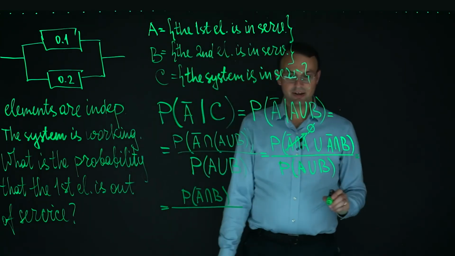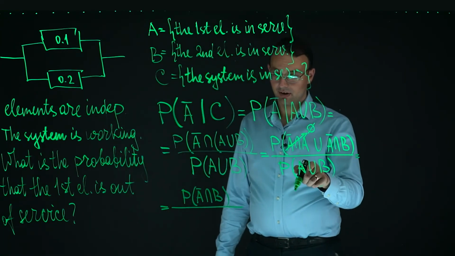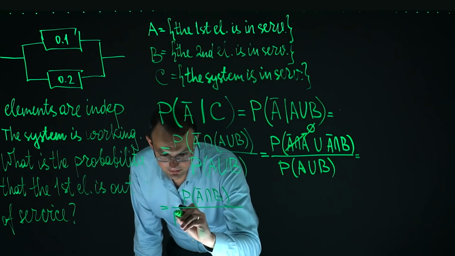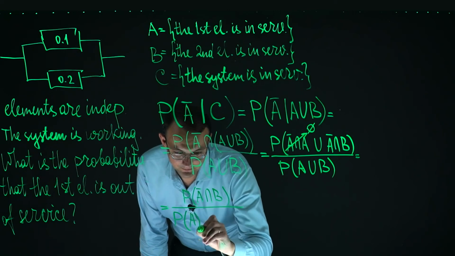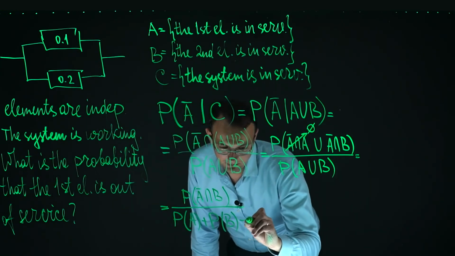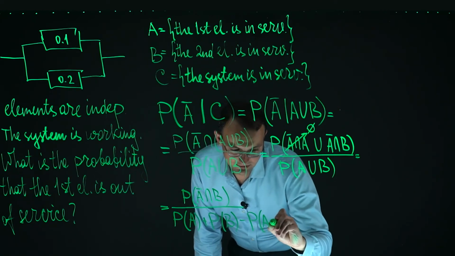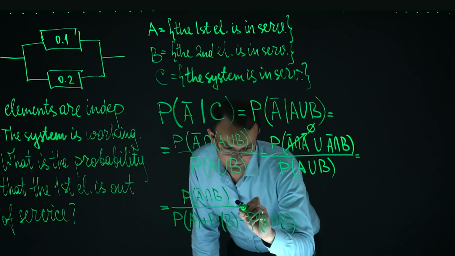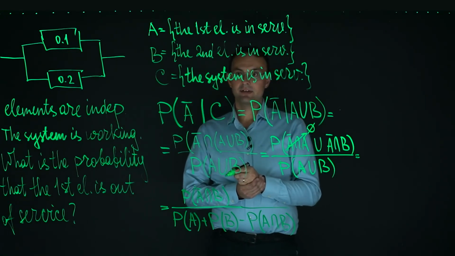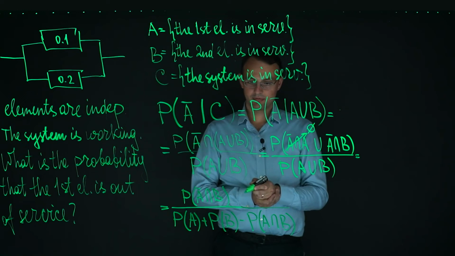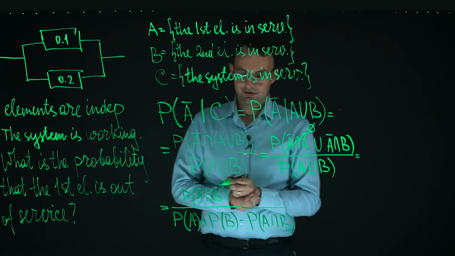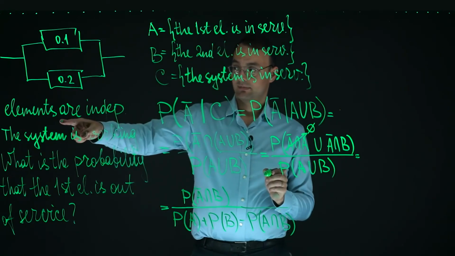And as for denominator, I'll apply the addition rule. Probability of A union B is probability of A plus probability of B minus probability of A intersection B. And the last step is to say that they told us that elements are independent.